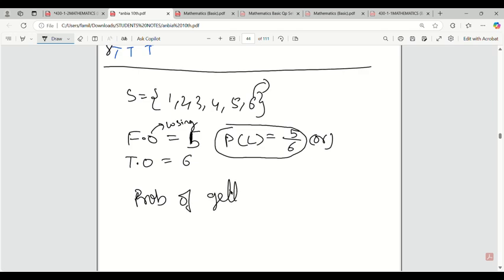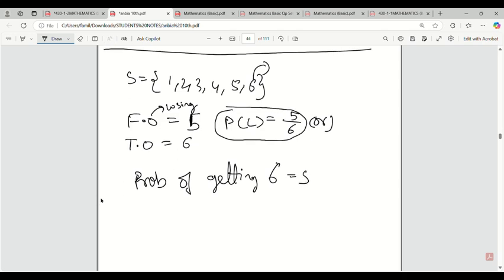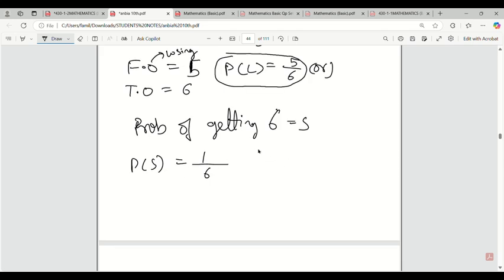Or another method for this, find the probability of getting 6. We'll just name it as S. How many times are you getting 6? One time. Total outcomes 6, so 1 by 6. Then there is a formula we have learned, that P of E plus P of E dash is equal to 1, or E plus E bar.